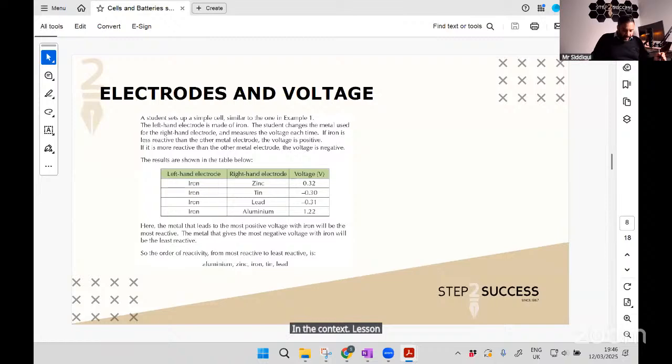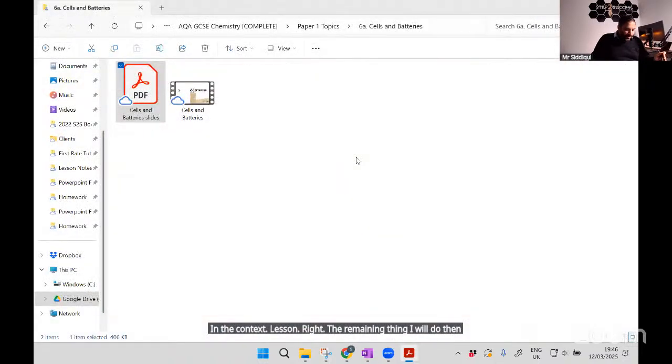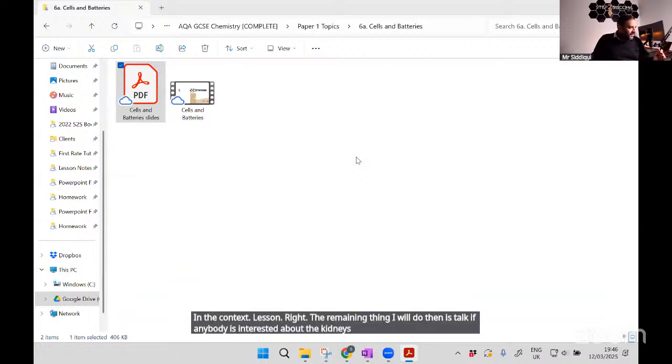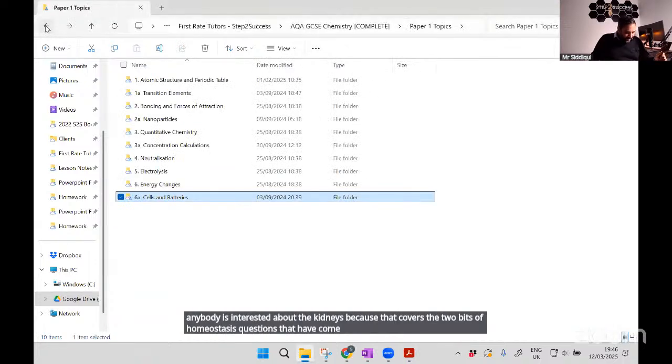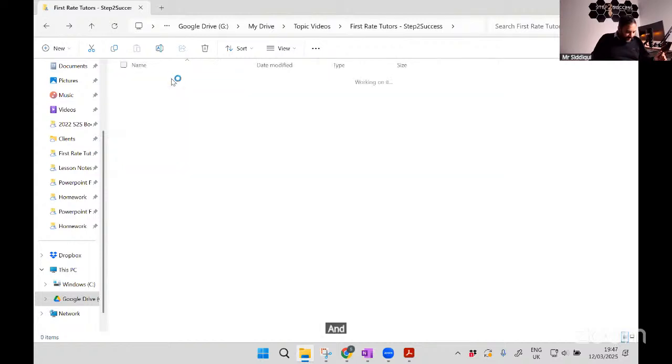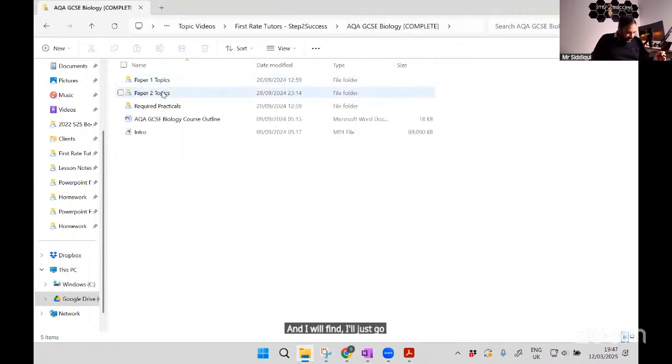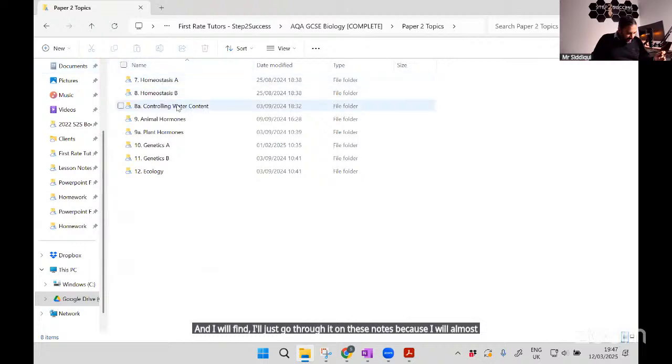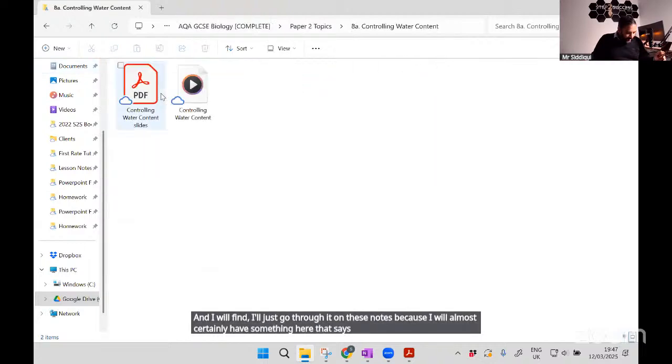The remaining thing I will do then is talk, if anybody is interested, about the kidneys, because that covers the two bits of homeostasis questions that have cropped up just now. I'll just go through it on these notes because I will almost certainly have something here that says controlling water content.